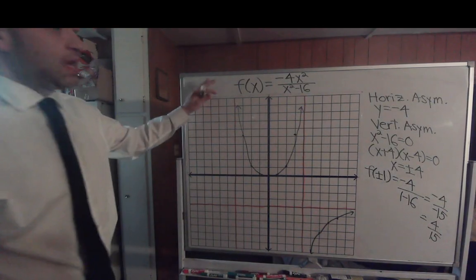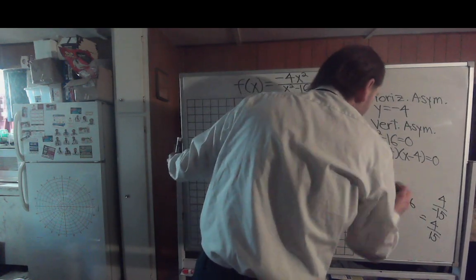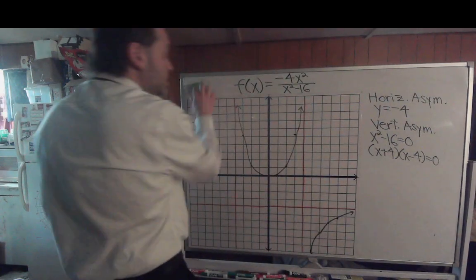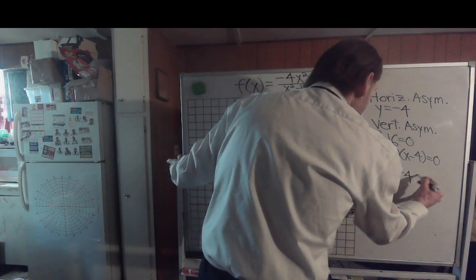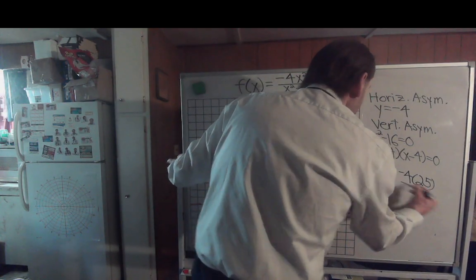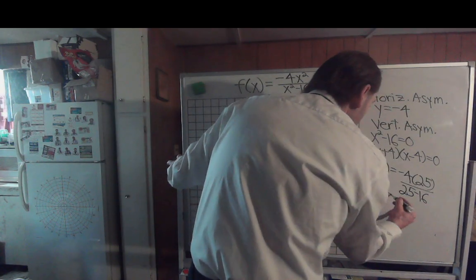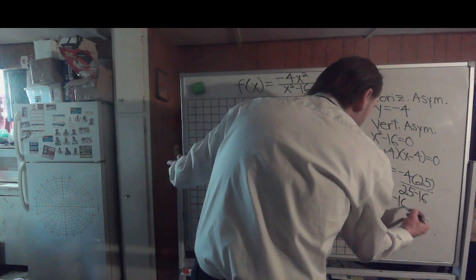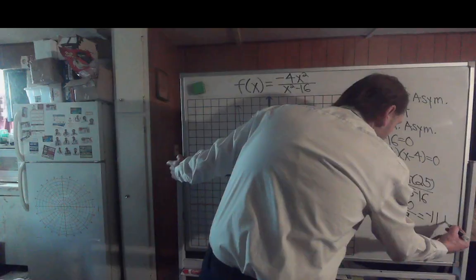Now, let's go to the left of -4. So let's pick f of -5. Well, that would equal then -4 times 25 over 25 minus 16, which would end up giving you -100 divided by 9, which would end up being -11 and 1/9.